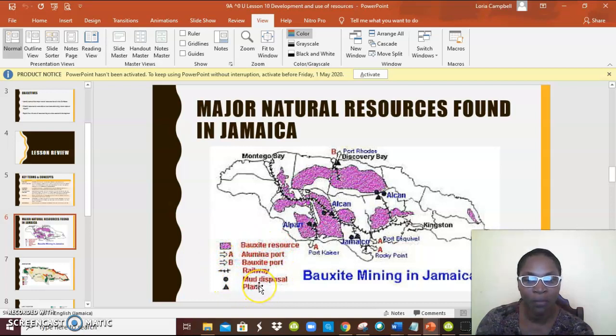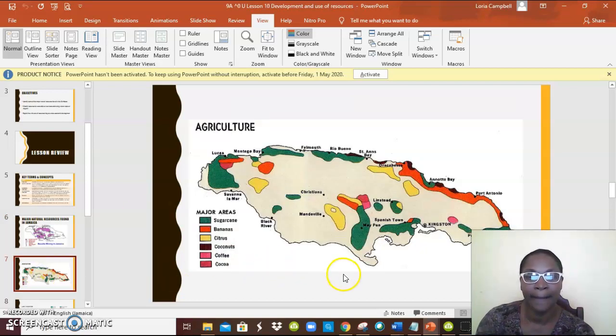So I taught you about making keys, and the purpose of keys, they're also called legends. So using this key here with the purple, it shows you that bauxite is a natural resource that exists in Jamaica. And based on what I said before, would bauxite be a renewable or a non-renewable resource? Okay.